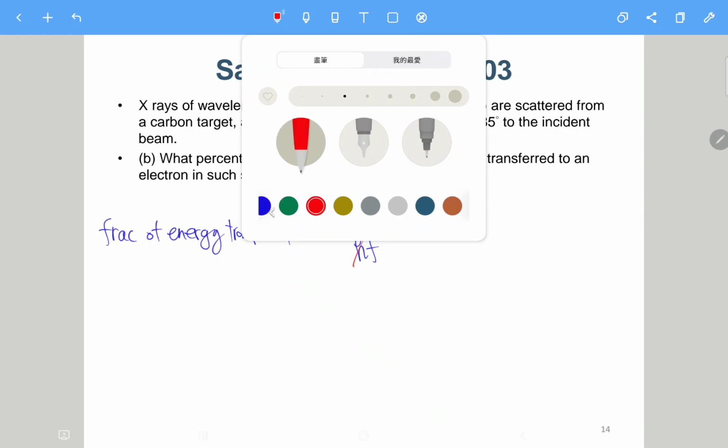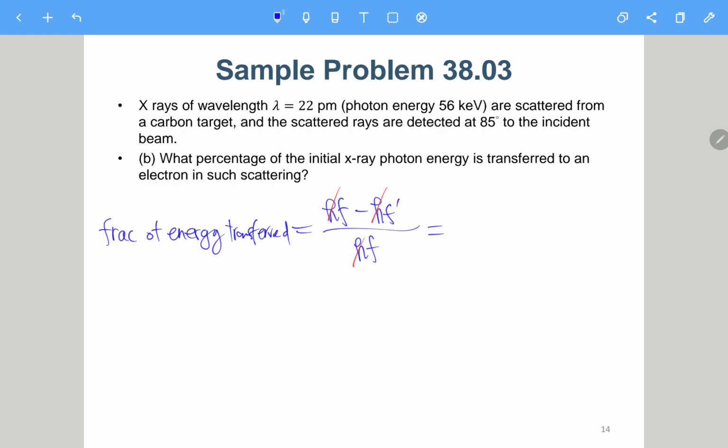And of course now we know the wavelength, so we use c equals f lambda. We can change f into c over lambda, so we have c over lambda minus c over lambda prime, all over c over lambda, and then the c's are all cancelled.